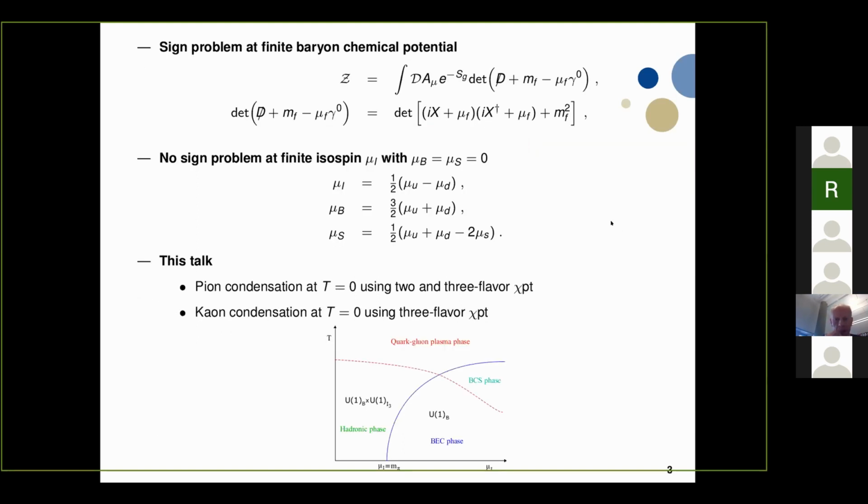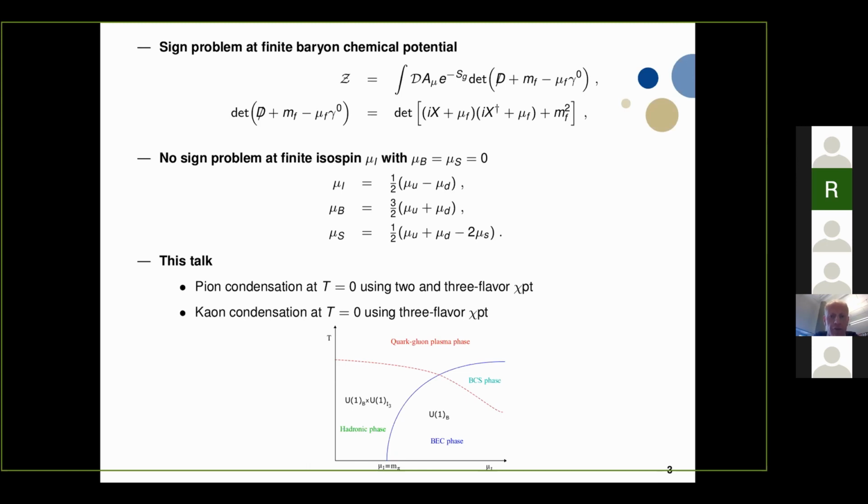So just to remind you, if you look at the partition function and integrate over the fermions, which you can do because the Lagrangian is bilinear in the fields, then you get a determinant, and that determinant depends upon the different chemical potentials. Unless you have particular combinations of these chemical potentials, it's not manifestly real, and then you have problems with using the standard lattice techniques to evaluate the partition function.